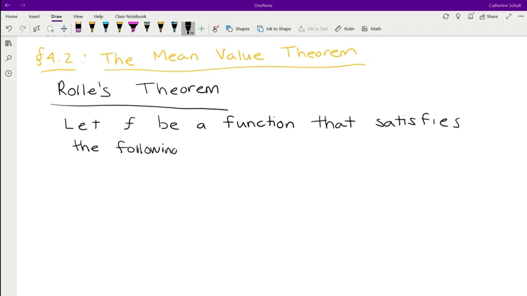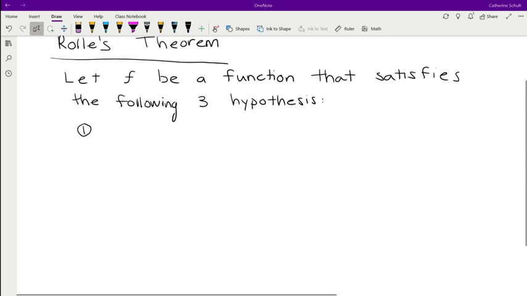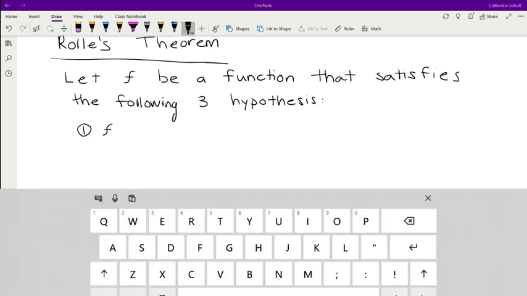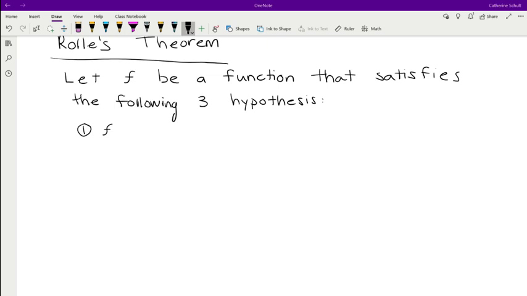And we'll draw a picture too, because, again, chapter 4 is a very visual, very graph-oriented chapter. Okay, so number one, we want f to be continuous on a closed interval, just like we were doing in the first part of chapter 4. So f is continuous on a closed interval [a, b].